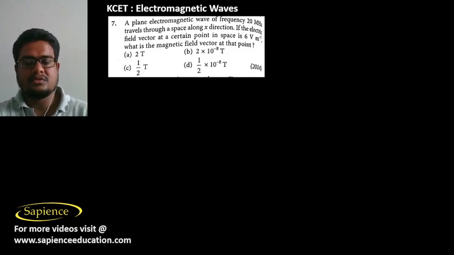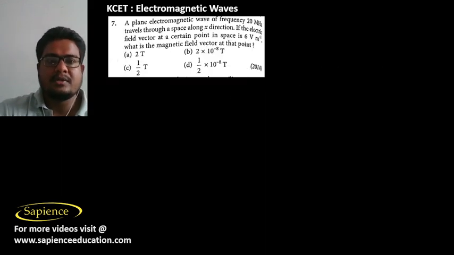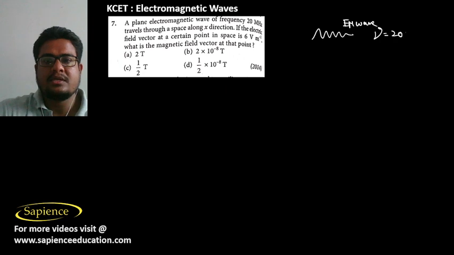Then in question number 7, it is told that a plane electromagnetic wave having a frequency of 20 megahertz travels through the space in the x direction.